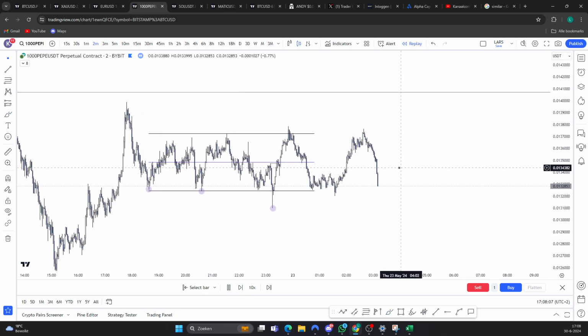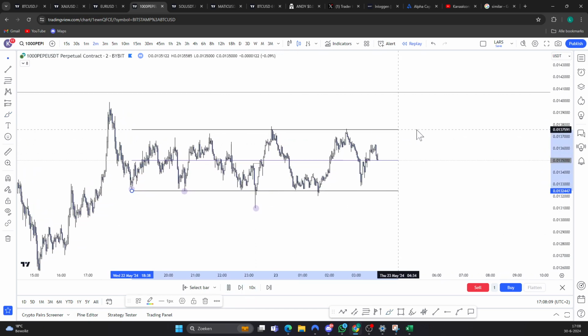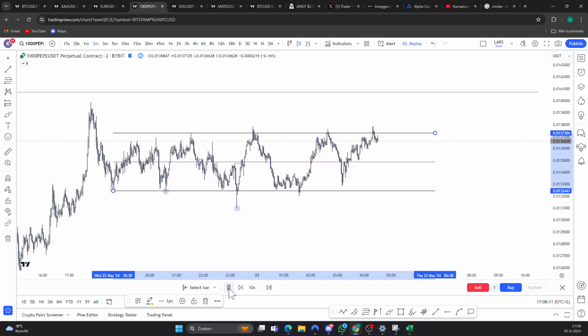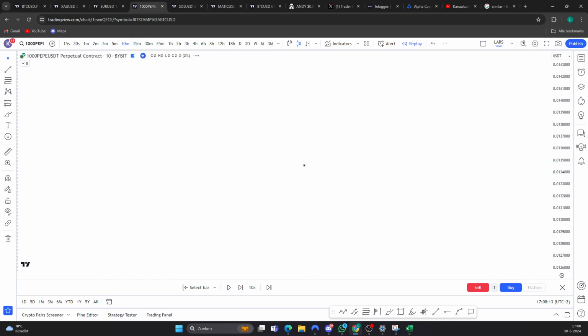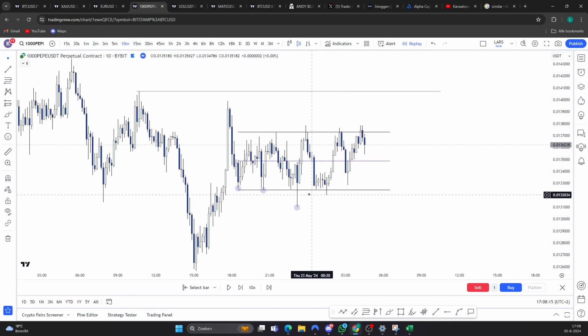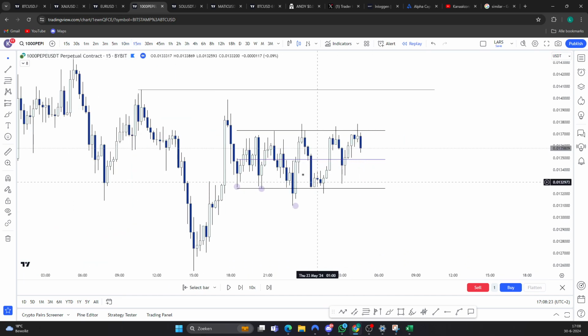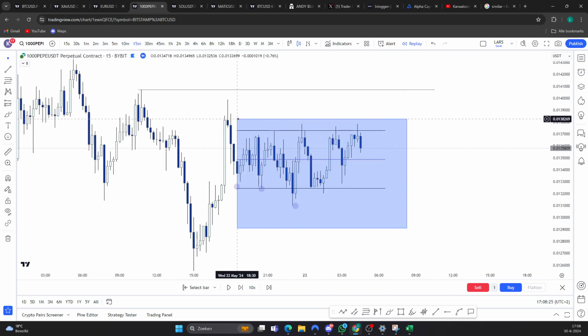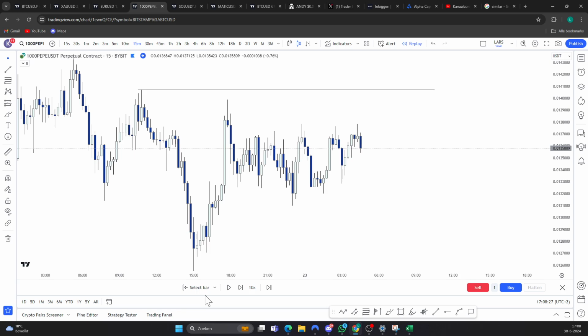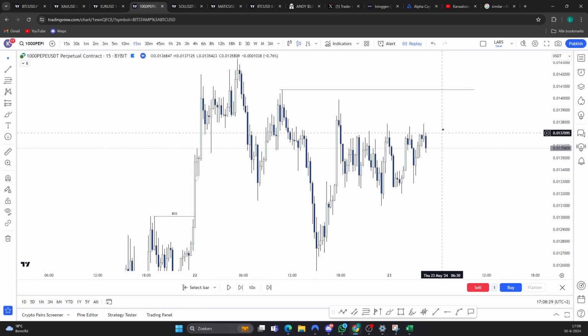A really rangy environment here, eh? Let's reassess. Very, very rangy environment here.